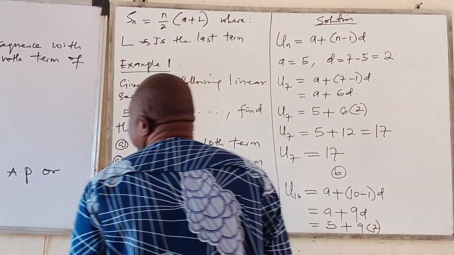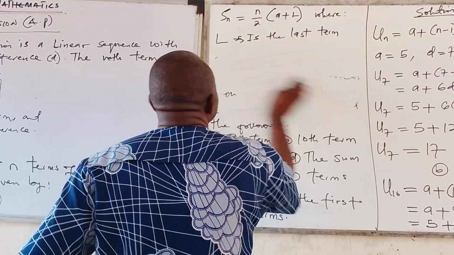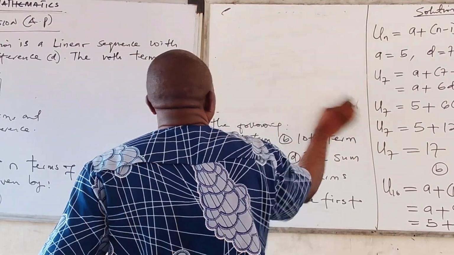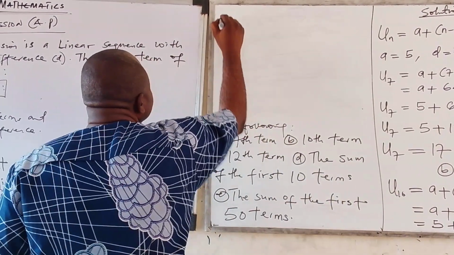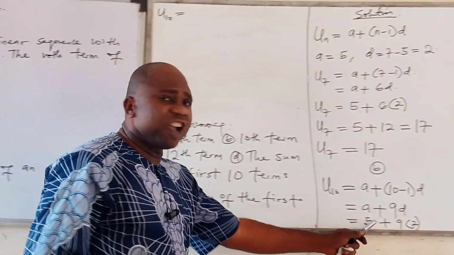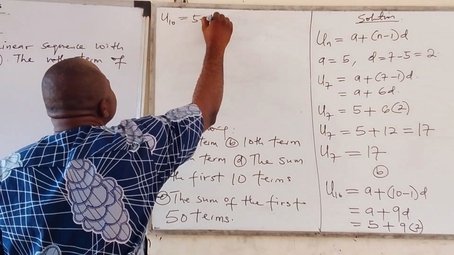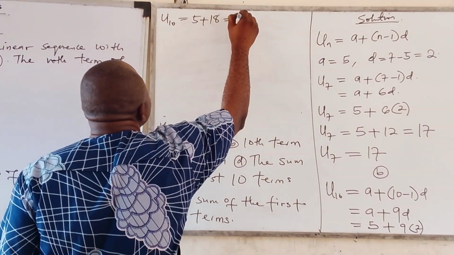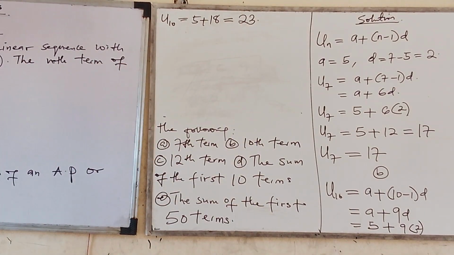So U10 will be 5 plus 18, and 5 plus 18 is equal to 23. That's the value of U10.